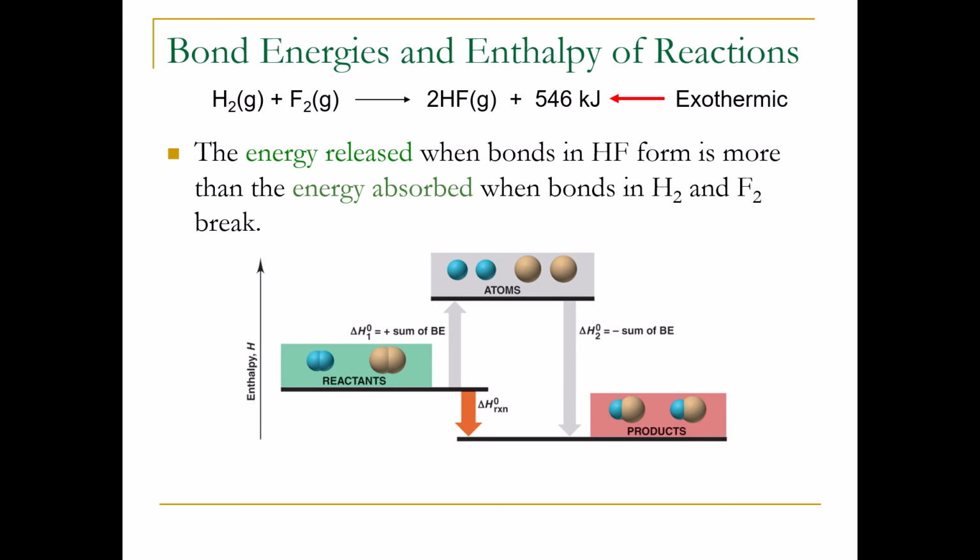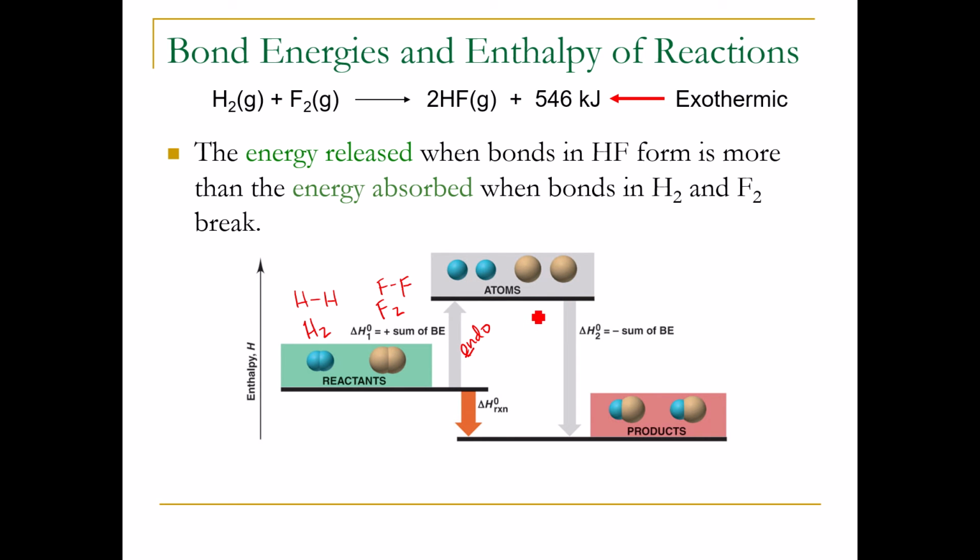Here's another example where we can see in diagram form what's actually happening. Starting out with our H2 and our F2. We have to break the HH bond and the FF bond. So here we've put in the energy in order to break them, so endo, going up. Here are our isolated atoms after we've broken everything.